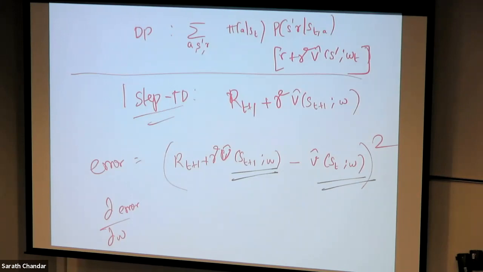So you see w in two places. Now, when you compute the gradient with respect to w, you have to compute the gradient with respect to both, if you want to have the true gradient, okay?